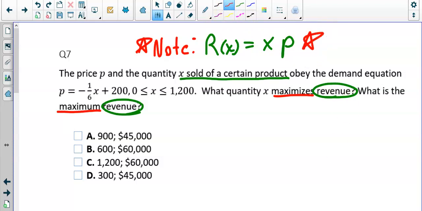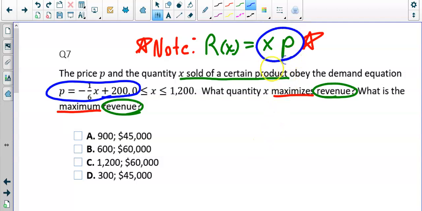Because right now, if you look at this piece that's right over here, this equation, that's not a quadratic. That's a linear. Okay? Which is why we have this information. So if I want to find the revenue equation, I need to take x times p. But what is p? The price. But what is the price?